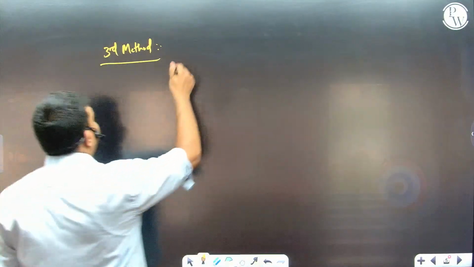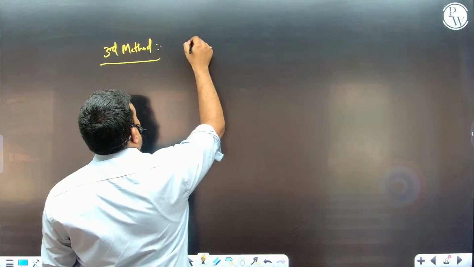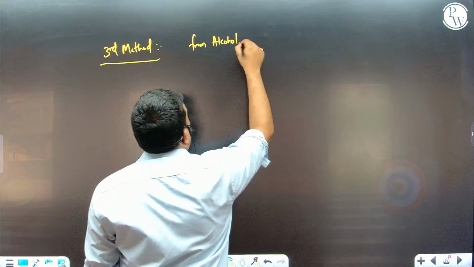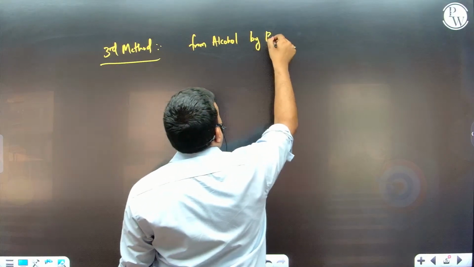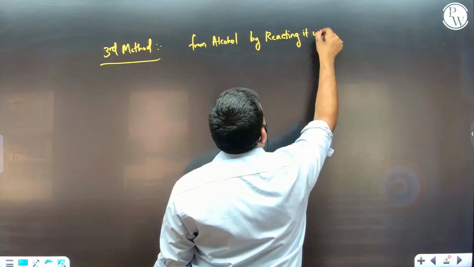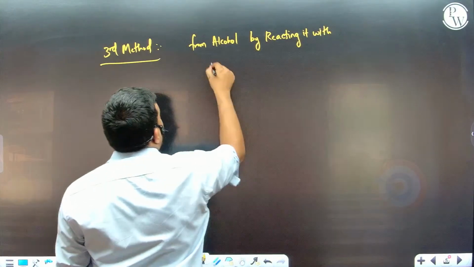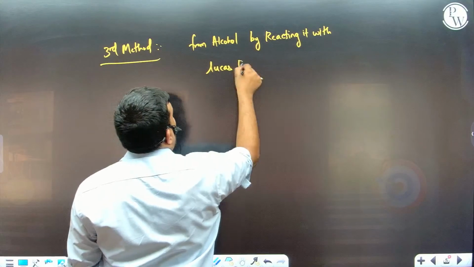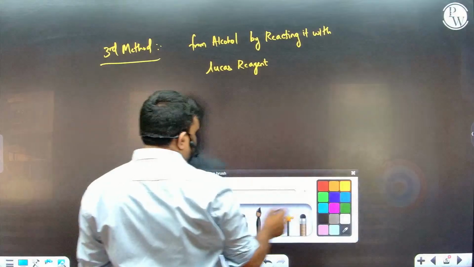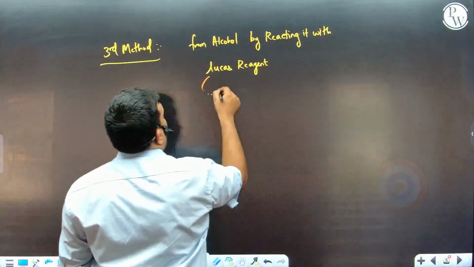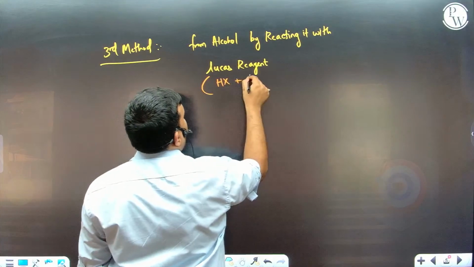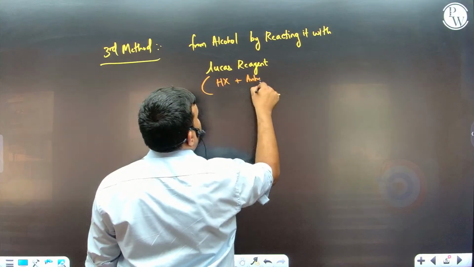So the third method is from alcohol by reacting it with Lucas reagent, and this Lucas reagent is nothing but HX plus anhydrous ZnCl2.